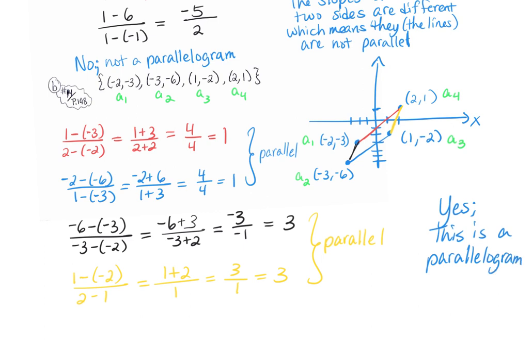Excellent. What questions do you have here? You have to check those pairs. You'd have 4 slopes, and your goal is to check to see if the opposite sides are parallel. Do you have to check? Yes, if it's asked whether this is a parallelogram, you have to check.